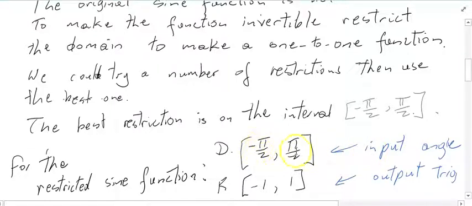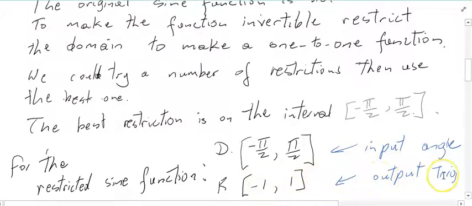So what that means is that our inputs would be angles. What is our range for the restricted sine function? The restricted sine function has a range -1 to +1 inclusive.